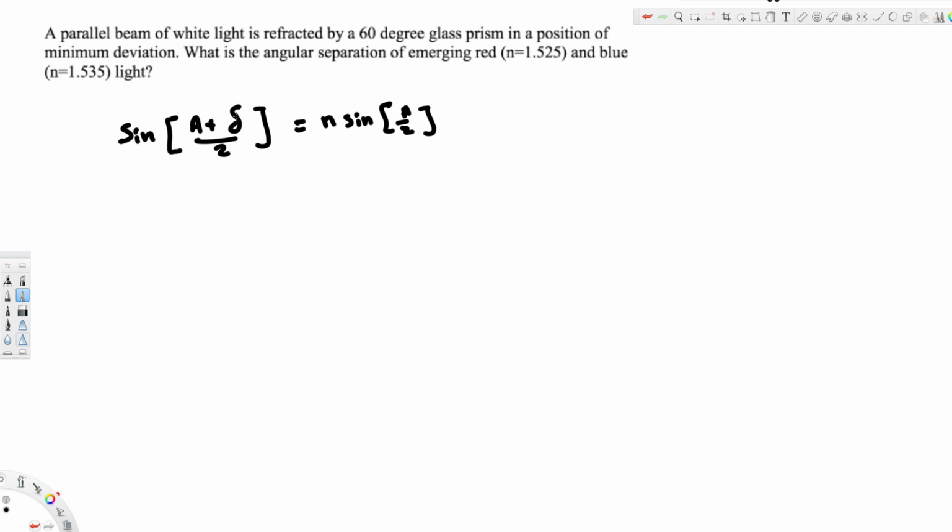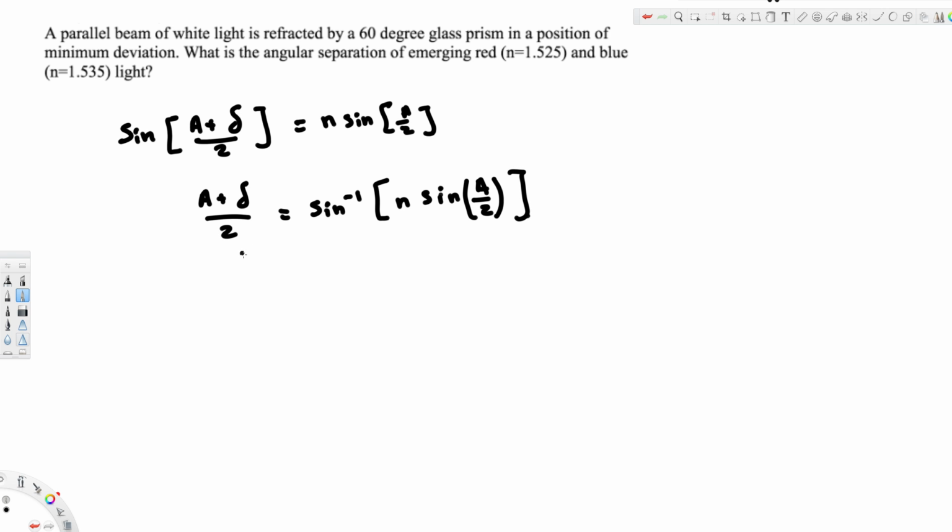Now to find this, we have to rearrange this equation. So let's bring this sine to the other side. This is going to become (A plus alpha) over 2 is equal to sine inverse of n sine A divided by 2.